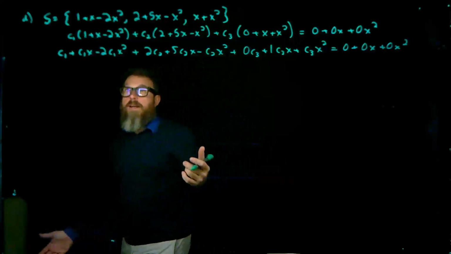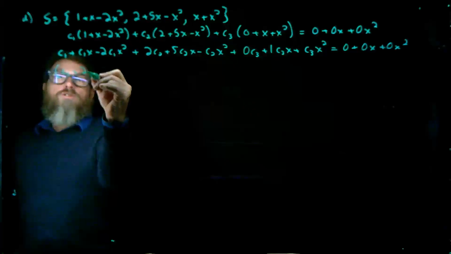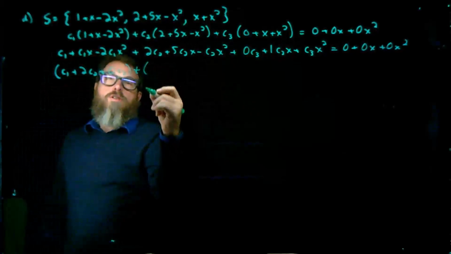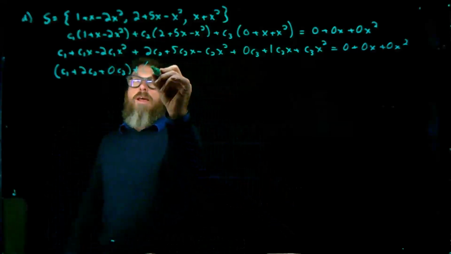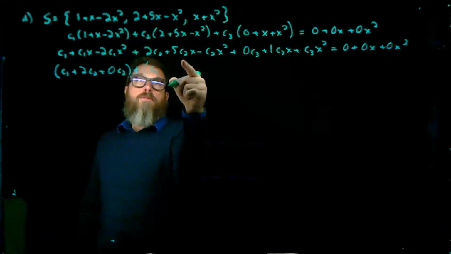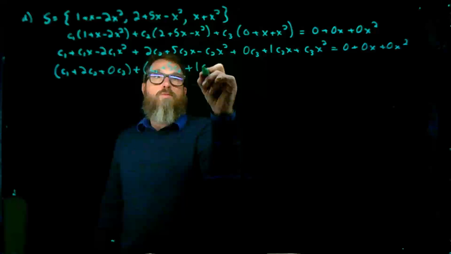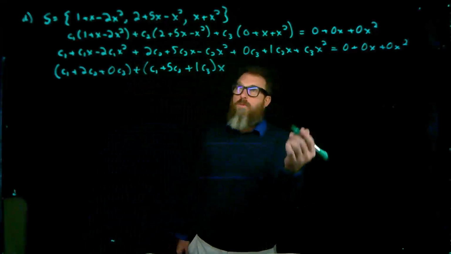And then we're going to combine our like terms. So, what are our constants? Well, C1 plus 2C2 plus 0C3. Now, the parentheses are just for flair, just to show you where they're coming from. For the x's, I'm going to have C1, plus 5C2, and then plus 1C3. Now, the parentheses matter because they're all going to be x's. I just pulled them out.